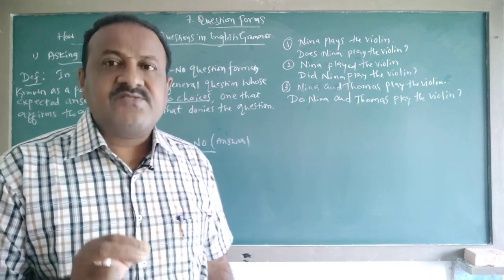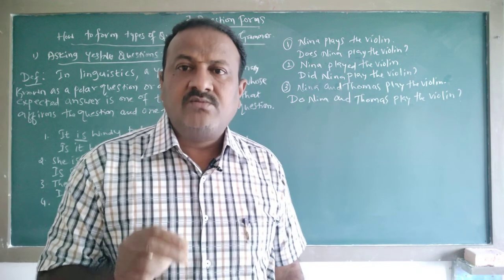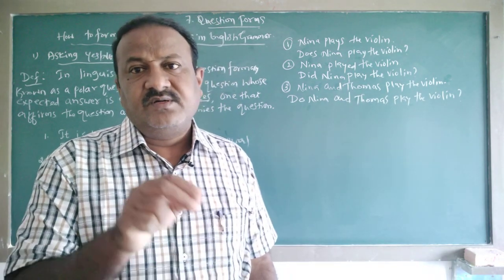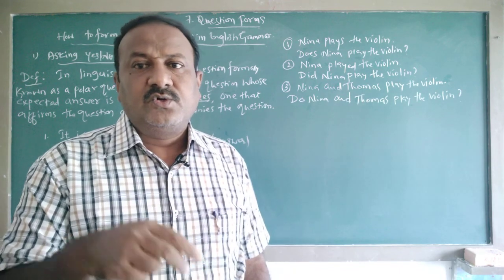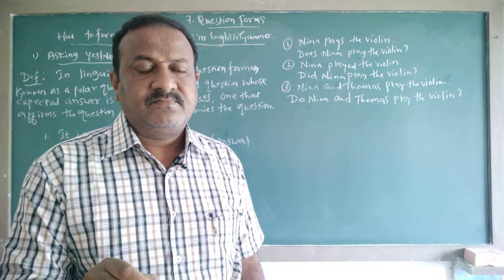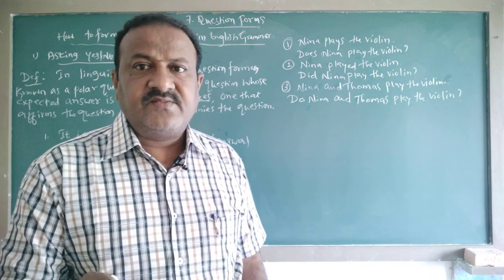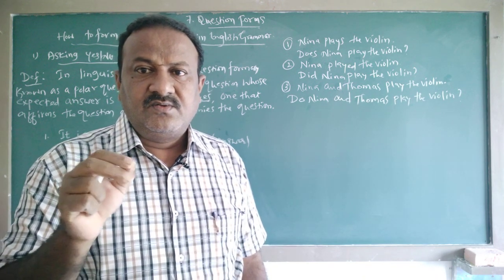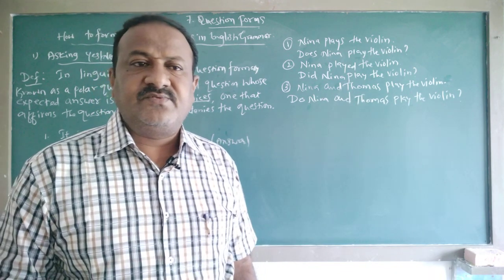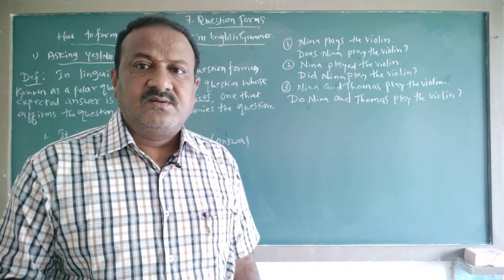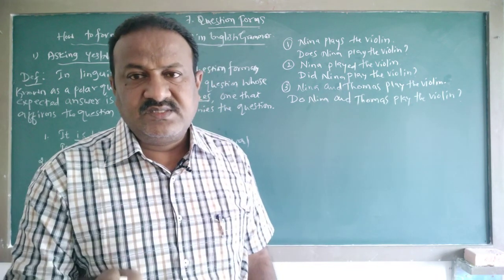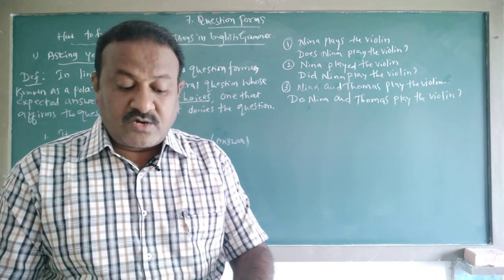In yes or no questions, if the main verb as well as auxiliary verbs are not there in the sentence, then we should use do, does, did, according to tense.